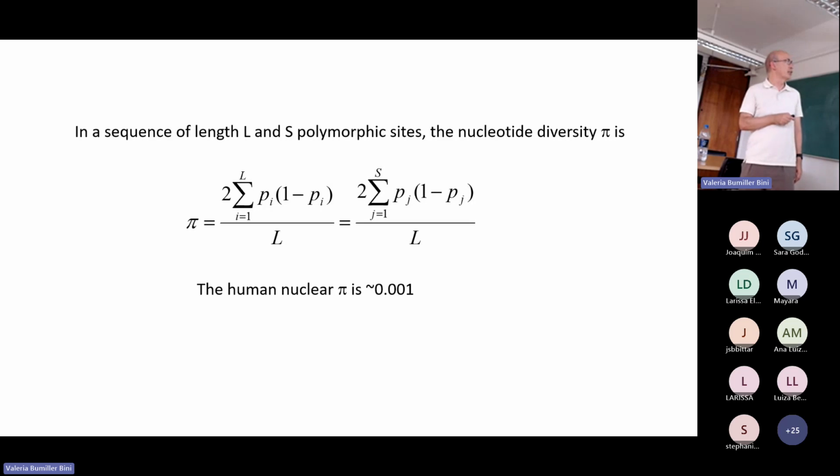We can restrict this to the S polymorphic sites, but we still have to divide by L because it's an average over all sites, independently of whether they are polymorphic or monomorphic.